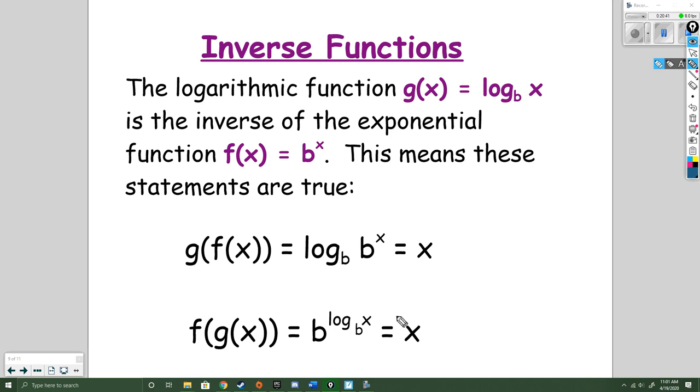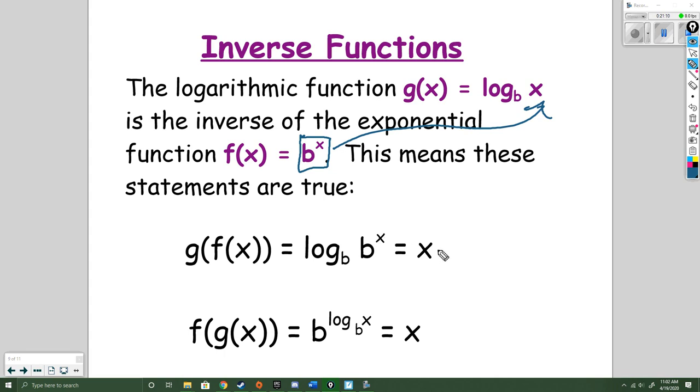It would basically undo that whole equation and give us back what we plugged in originally. And that's why it's an inverse function. And that gives us something that we could use. If we would put f of x into function g, that would give us log base b of b to the x power.